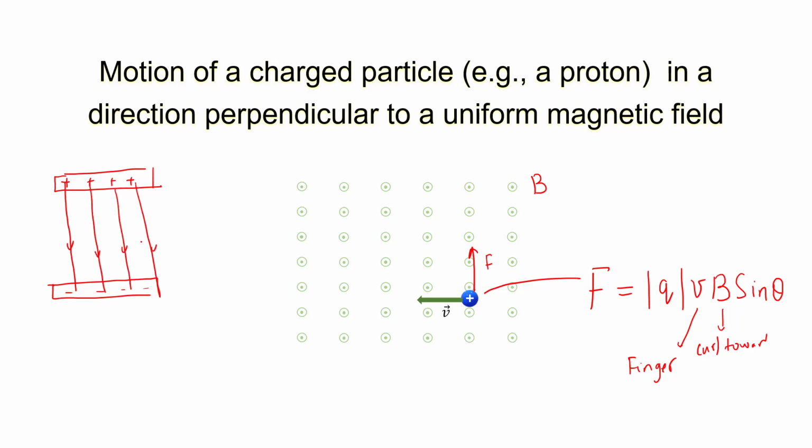If you place a proton here, the proton will feel force in this direction. Okay. So that's the force due to electric field, which is given by F is equal to QE. Now here we saw the force due to the magnetic field. So do not be confused with these two types of forces. You can have electric force due to electric field, and you can have magnetic force due to the magnetic field. Okay.